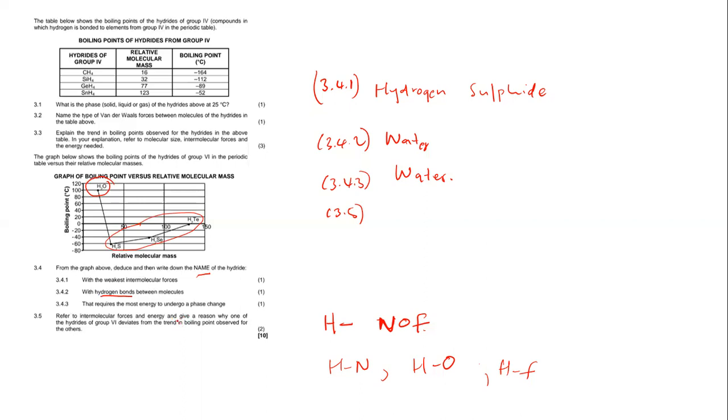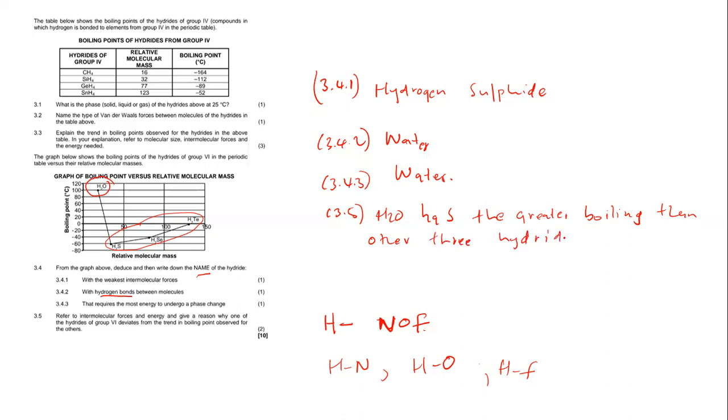Okay. So now to answer this simply, we're going to say water, or you can say H2O. The H2O molecule has the greater boiling point than the other three hydrides.